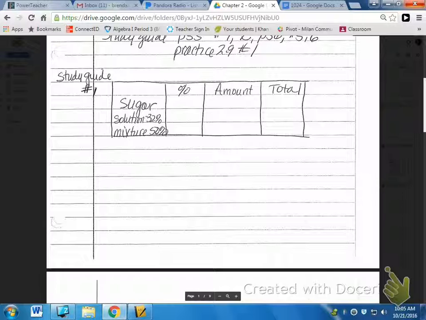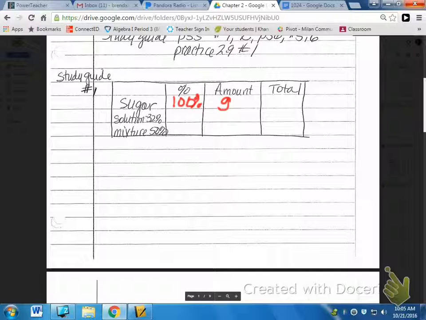When it talks about a particular thing like sugar, under the percent column, it is definitely 100%. So you should fill that in. How many grams of sugar? So 100% because it's sugar. How many grams? Well, that's the question we want to answer. So under the amount for sugar, we're just going to put G, because it says how many grams. We don't know how many grams of sugar, but we know it's 100% sugar.